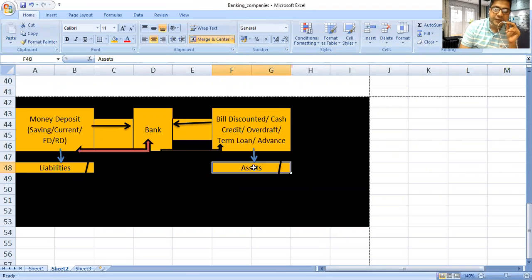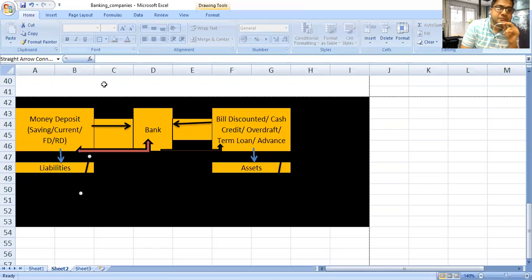So this activity for the bank is an asset activity, and that one is a liability activity, because if I take the deposits from the customer, it is my liability. If I give the loan to the customer, it is my asset. So you have to keep these things in mind.